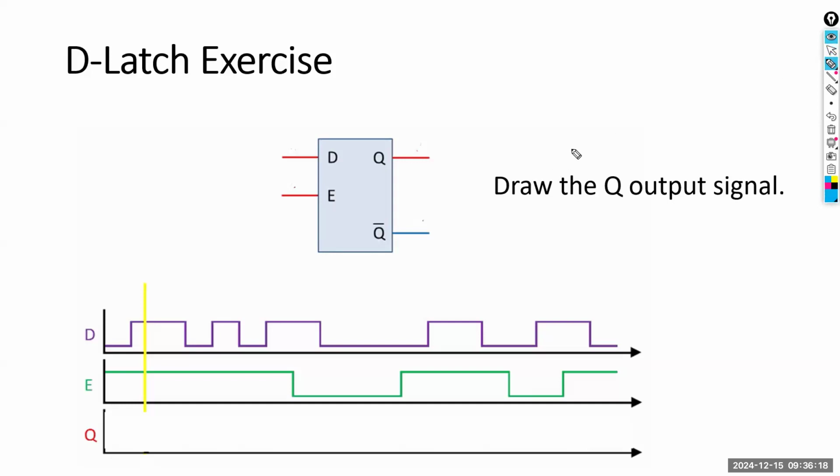It's super easy. Remember, for a D latch, D is 1 means set, D is 0 means reset. Output follows input.